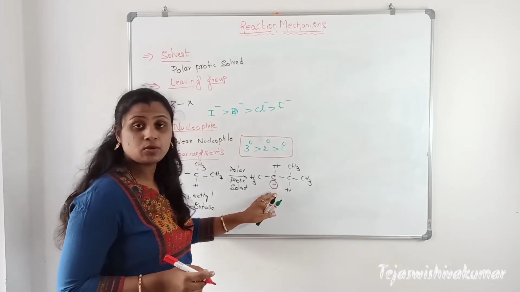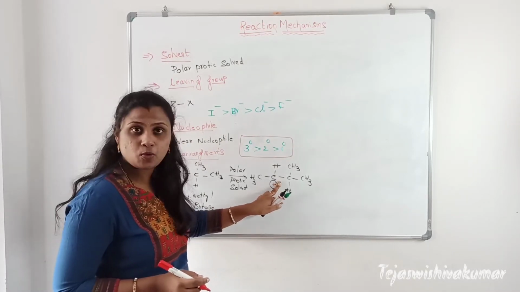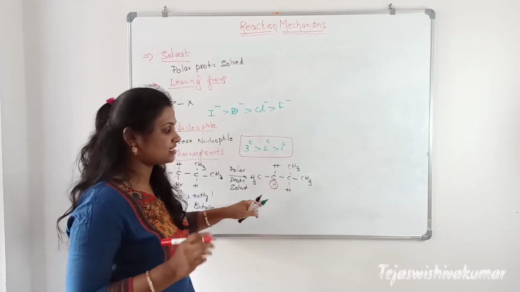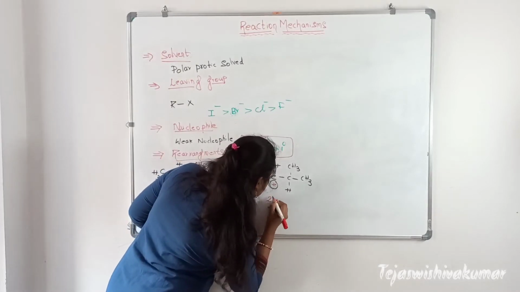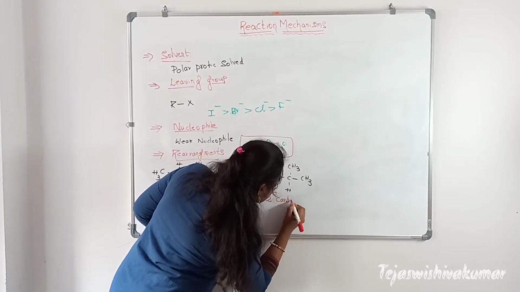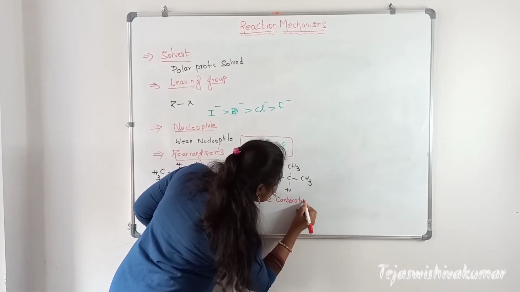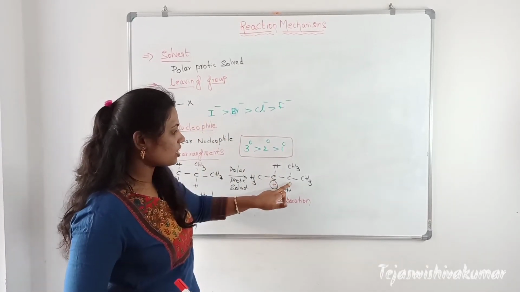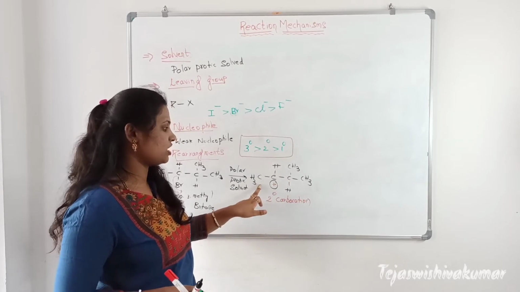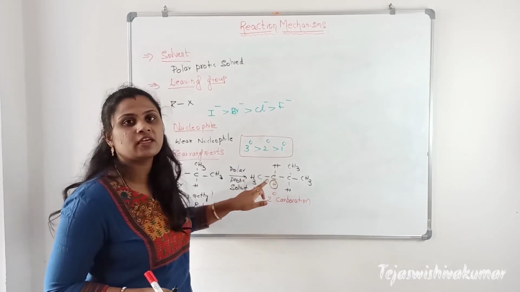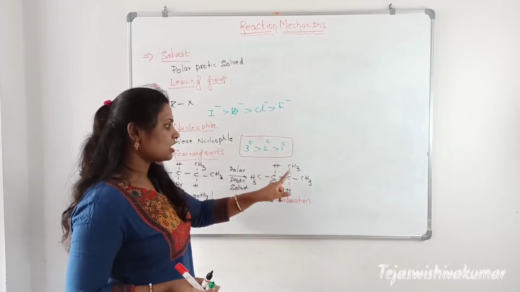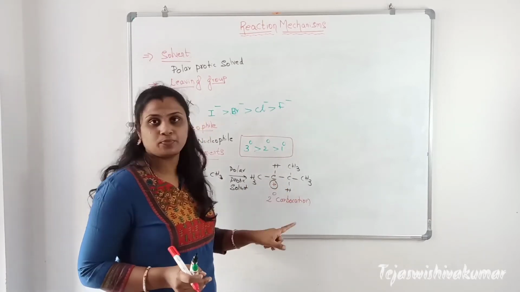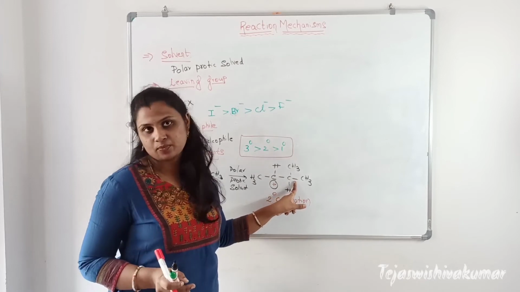This carbon is bearing the positive charge, and the carbon bearing the positive charge is bonded to 2 other carbons. So this is a secondary carbocation. But twist enti ante ikkada manaki pakkana carbon chudandi, okasari itu pakkana carbon chudandi. This carbon is bonded to only 1 carbon, therefore it is primary. Sare pakkana pettandi. But look at this carbon, it is attached to 3 other carbons, ante this is a tertiary carbocation.